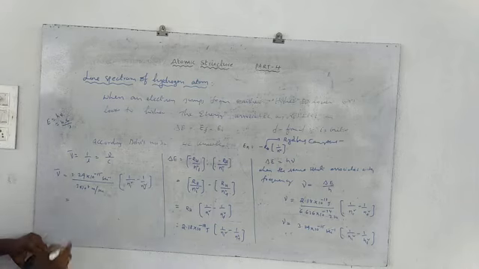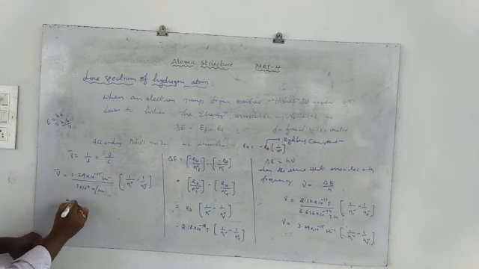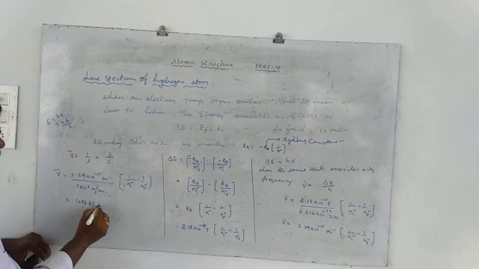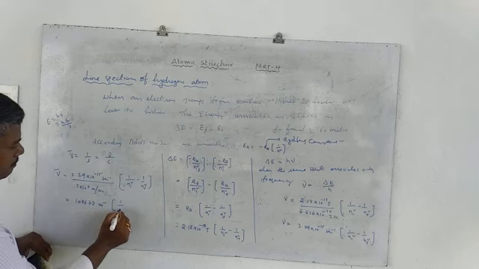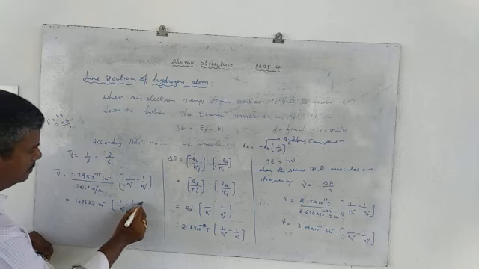While you simplify this, we get 109677 into 1 by n i square minus 1 by n f square.